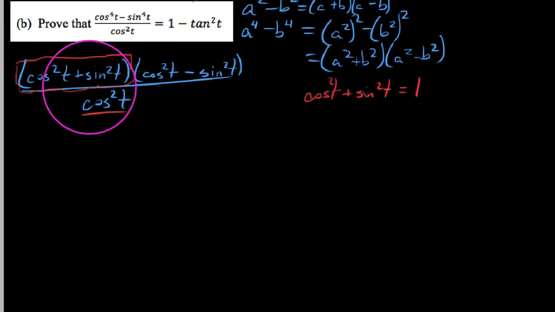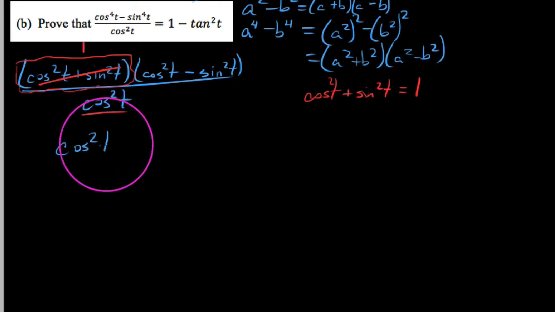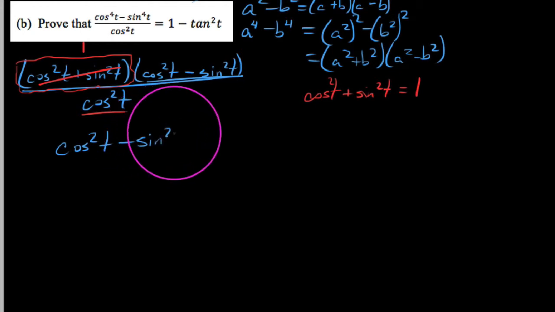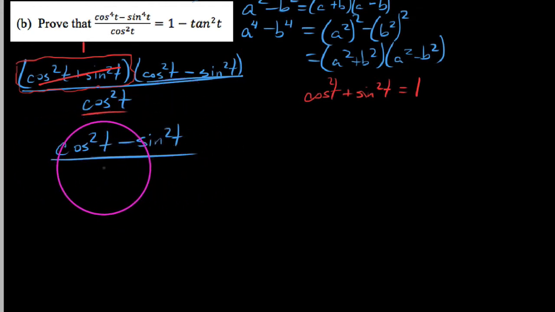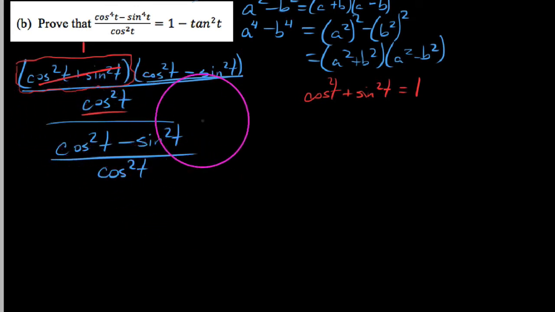So what this means is we could replace this with a 1 and we get this expression here: cosine squared of t minus the sine squared of t, now all over this monomial divisor. Okay, so far we've turned the left-hand side into this expression right here.